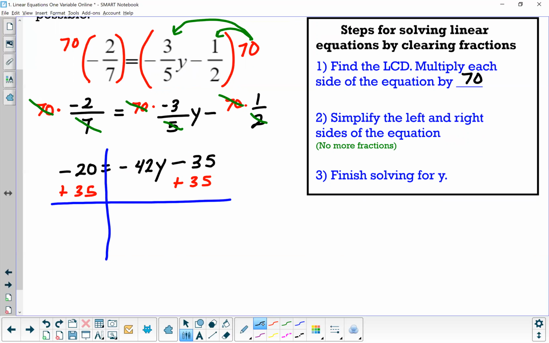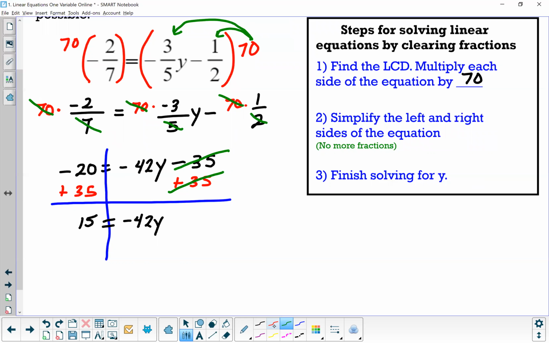So on the left side, I have negative 20 plus 35, and that leaves me with a positive 15 equal to, bring down the negative 42y, and then the negative 35 plus 35 is 0.